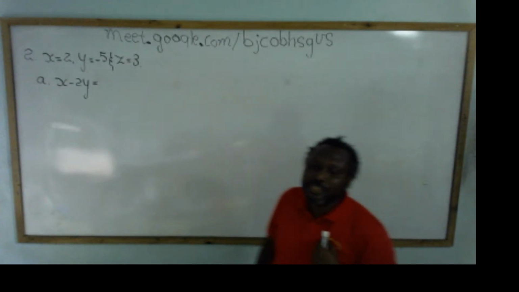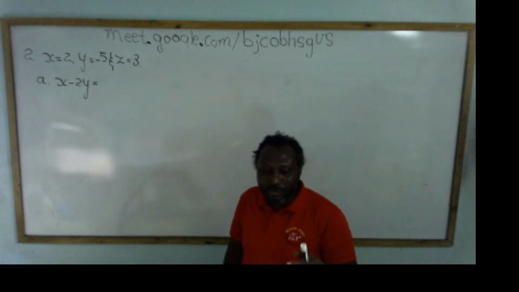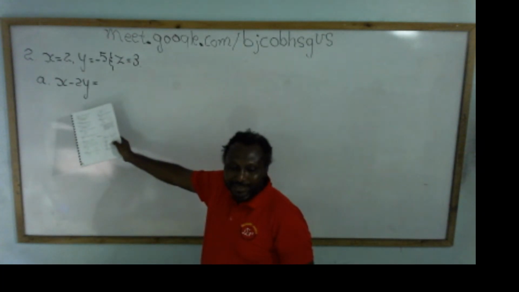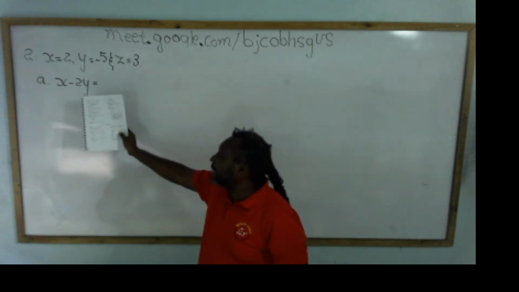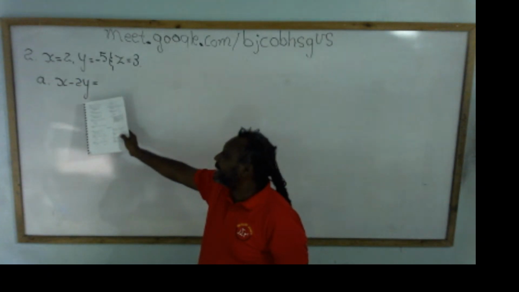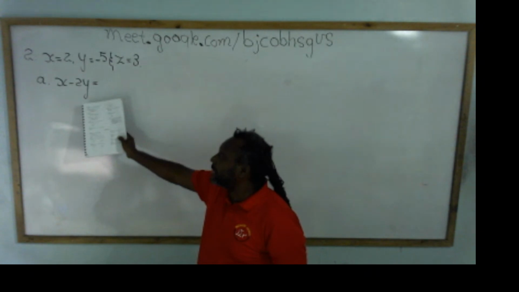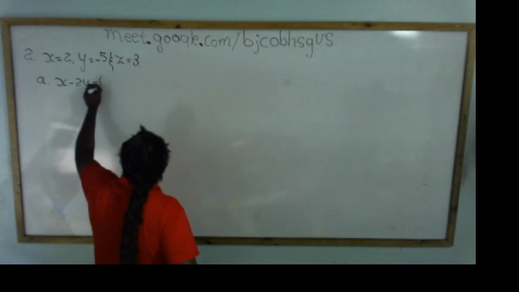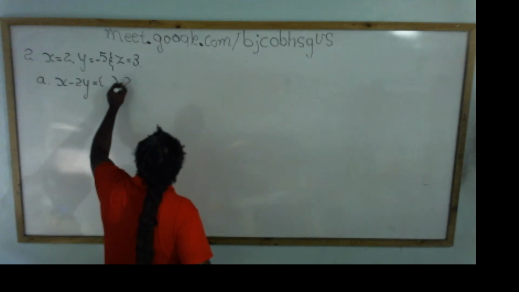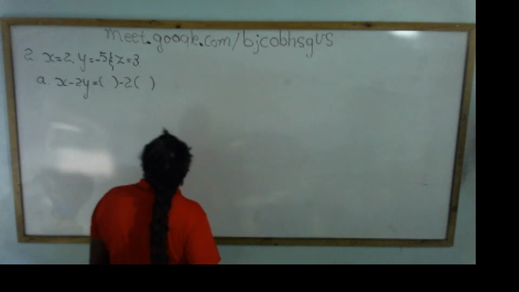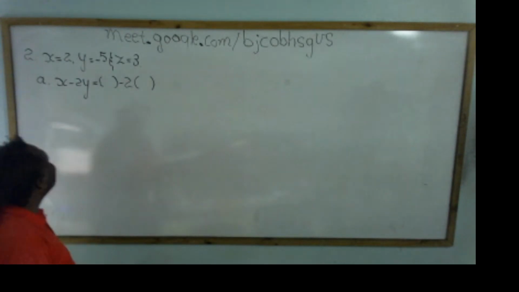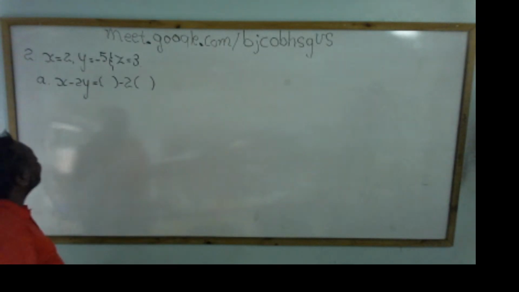what I suggest when you're doing substitution is that you write a template similar to the expression that you have there. So you have x minus 2y, so you should have what? Something minus 2 times something. Write a template and leave the space.